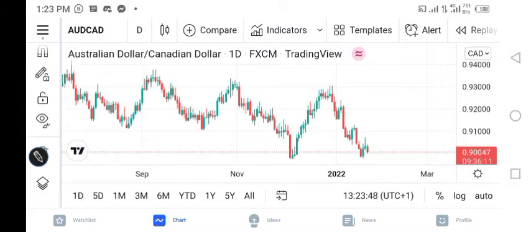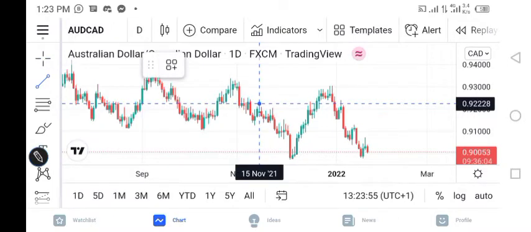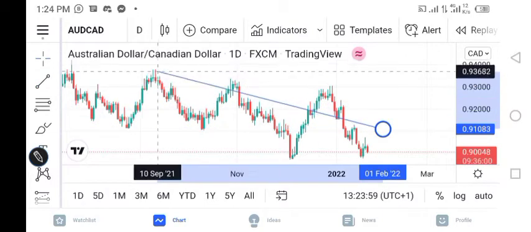Now let's talk about the chart. Looking at this chart, we know that this market is in a descending channel.